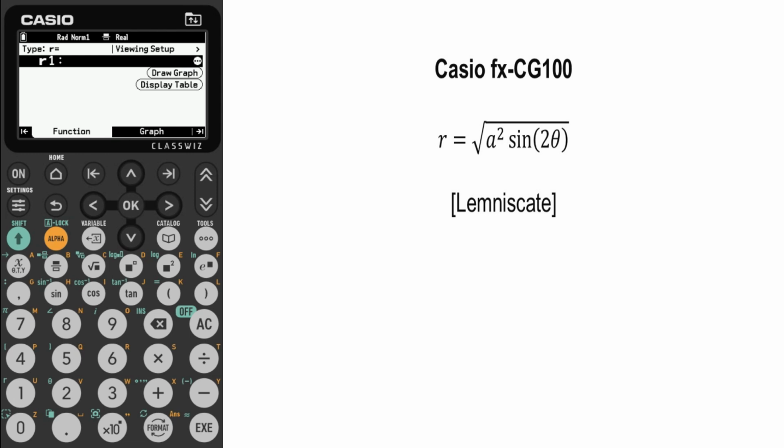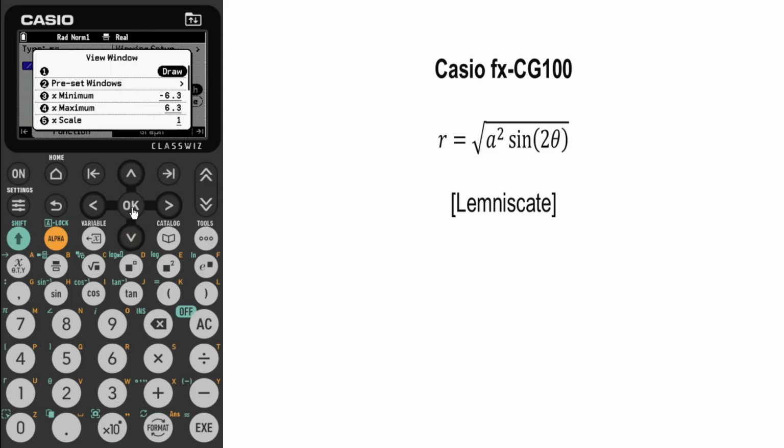Let's draw the graph of r equals the square root of a squared sine 2 theta. This type of curve is known as lemniscate. Let's input this into our calculator. We have r equals the square root of a squared multiplied by sine 2 theta. Let's draw the graph.